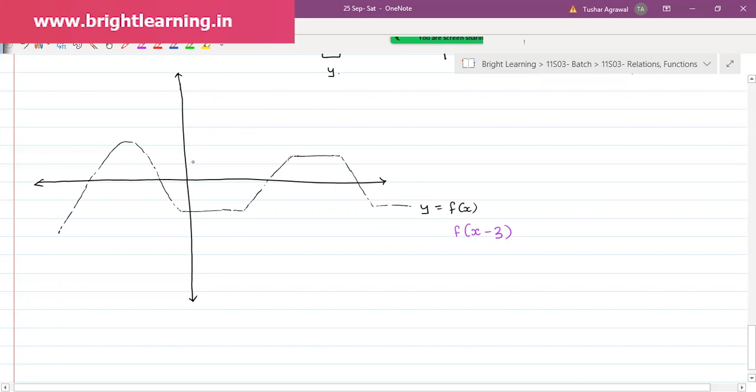So for, let's say, x equal to 0, the image was what? Pointing downwards, the y is -2. For x equal to 0, the image was -2. Now, if inside this expression I get the same value, if this complete expression is equal to 0, then I will get the same image -2.